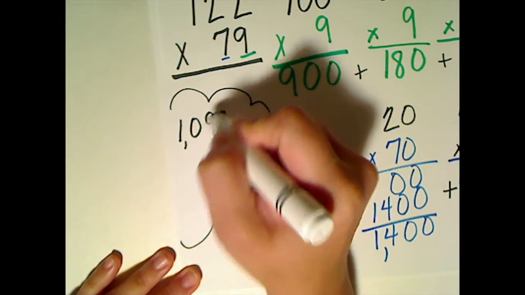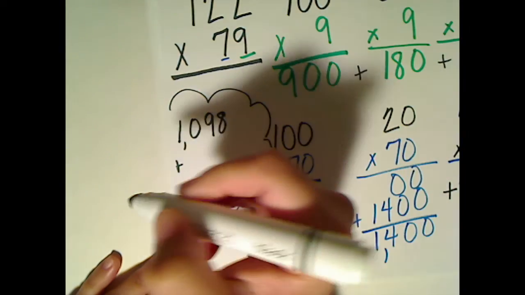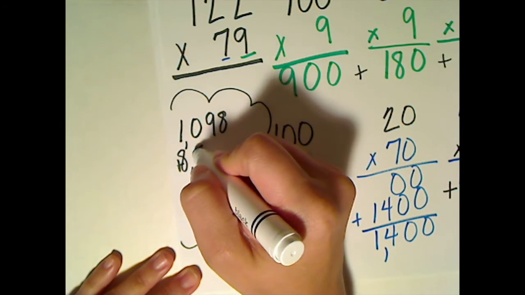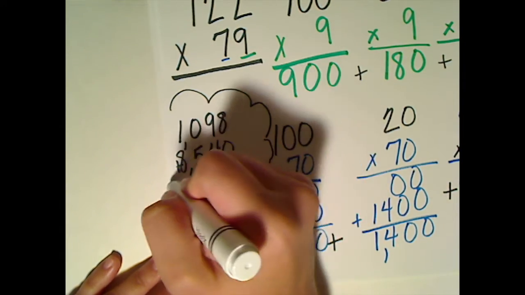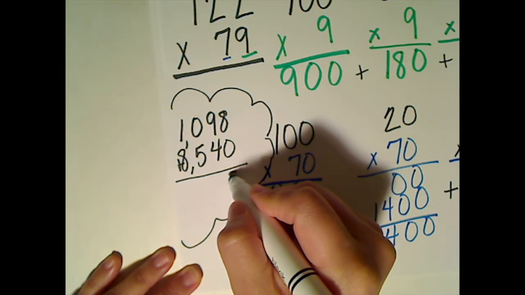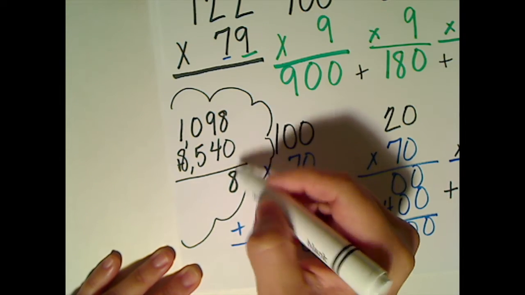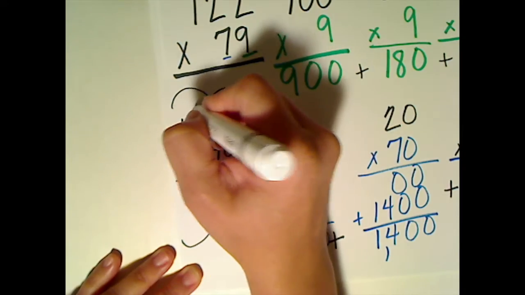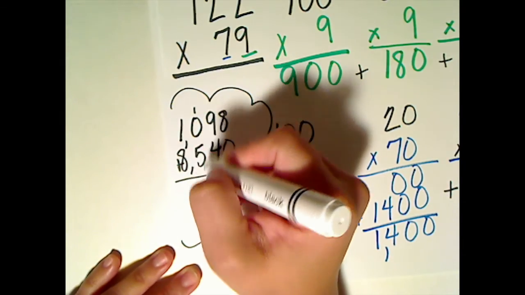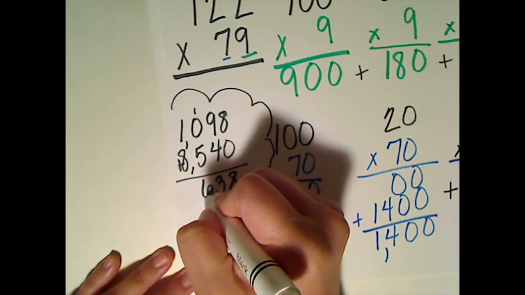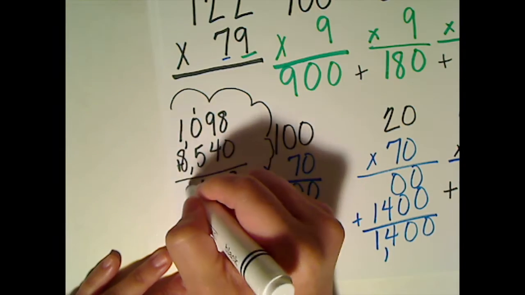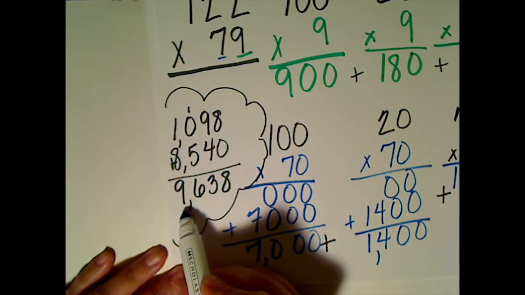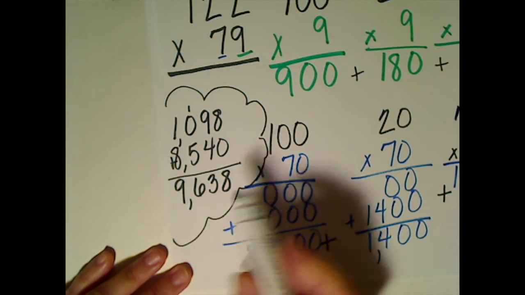1,098 plus 8,540. 8 plus 0 is 8. 9 plus 4 is 13. Carry the 1. 1 plus 0 is 1. Plus 5 is 6. 1 and 8 are 9. So we get 9,638.